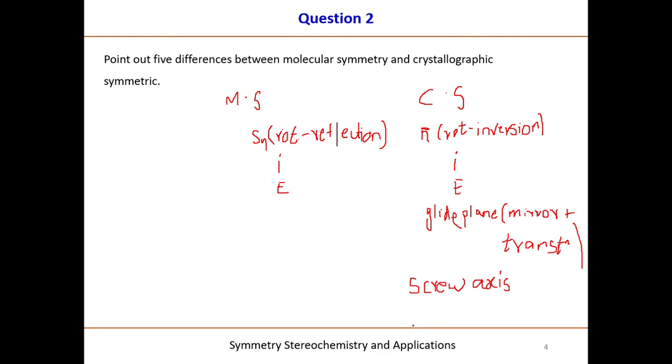This is a rotation translation axis. So these are a few differences between molecular symmetry and crystallographic symmetry, which are present in different molecules and lattices respectively.